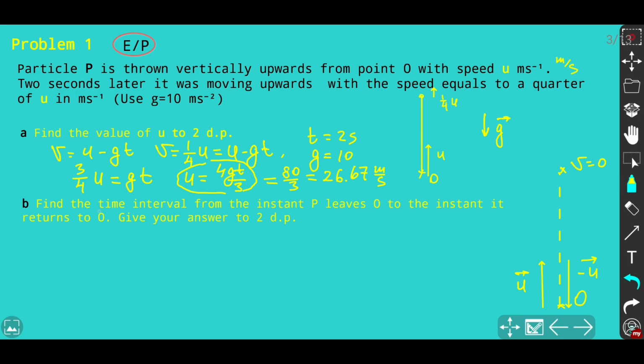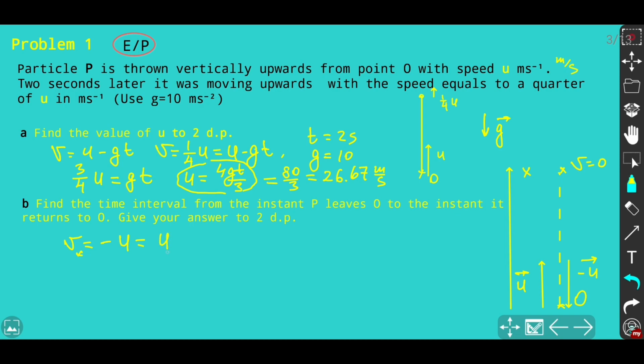Actually, there is a way to use the formula for final speed, yes. So final speed is going to be equal to minus u because it's downwards, right? As you remember, we stick to the rule that we direct, let's say, the y-axis or x-axis, doesn't matter, and we project everything on that axis.